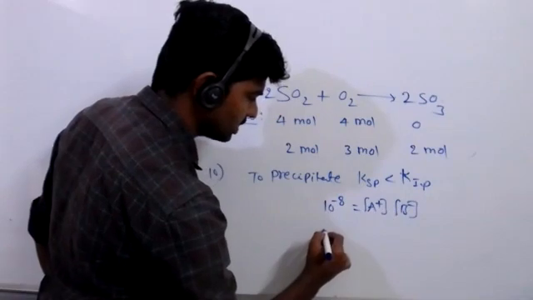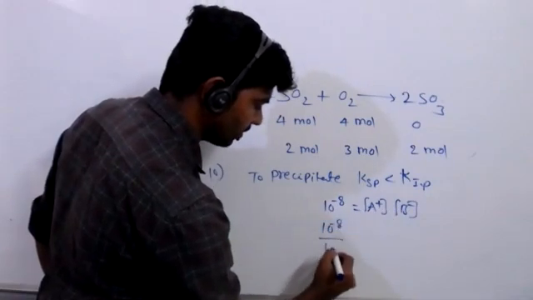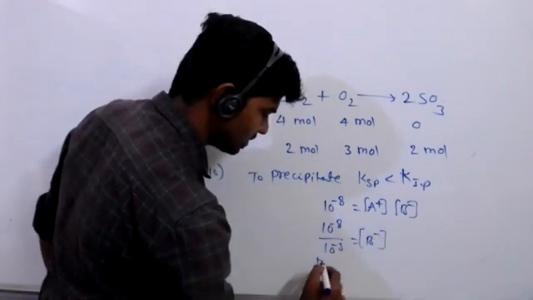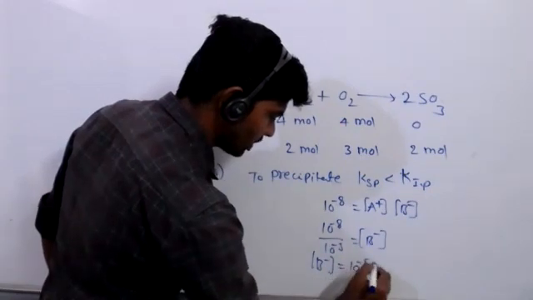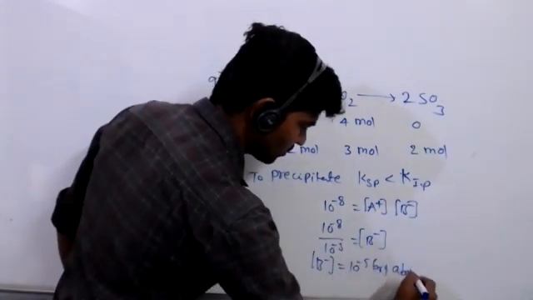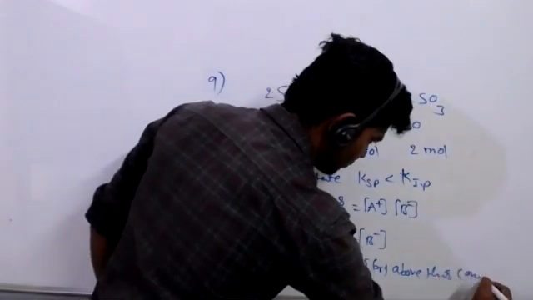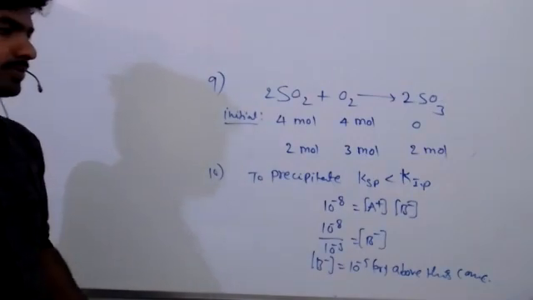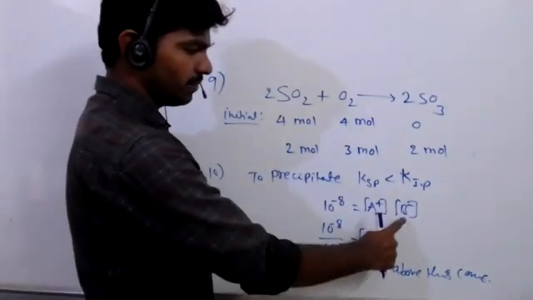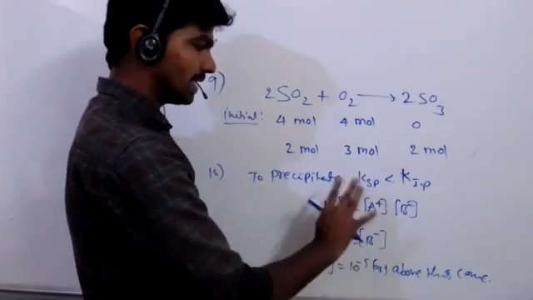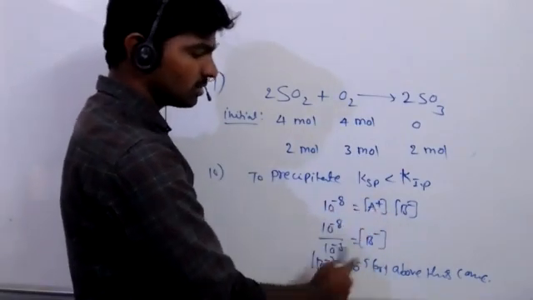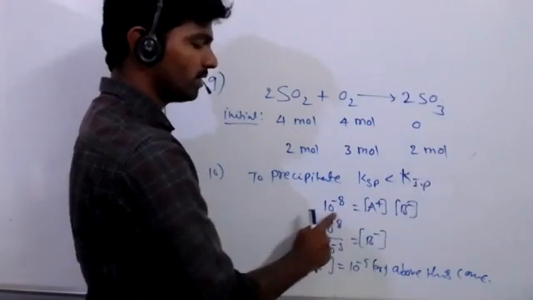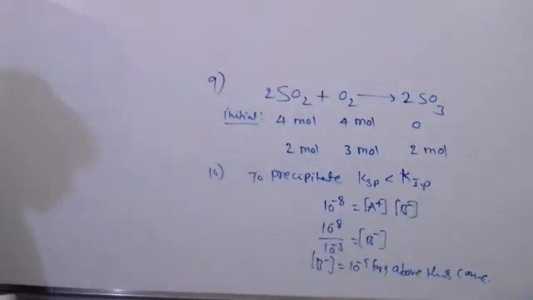A plus concentration is 10 power minus 3, so B minus concentration is 10 power minus 8 divided by 10 power minus 3, which is 10 power minus 5. Above this concentration, precipitation takes place. If B concentration is just 10 power minus 5, we get just a saturated solution. If the concentration is more than 10 power minus 5, the ionic product will give a bigger value than 10 power minus 8. So precipitation occurs.